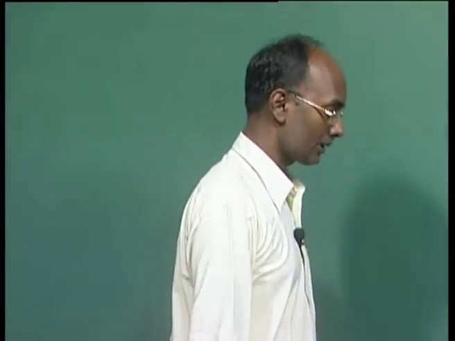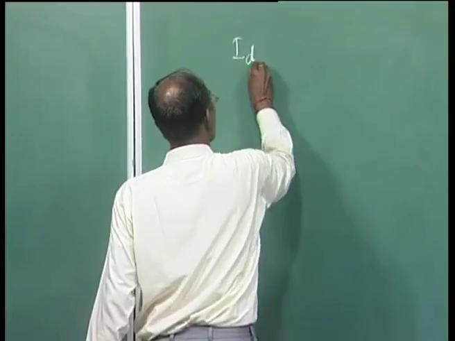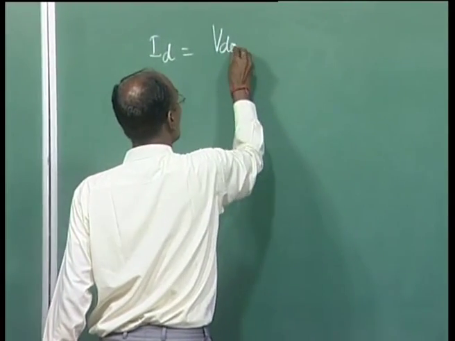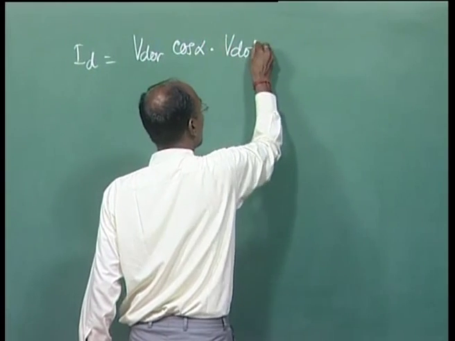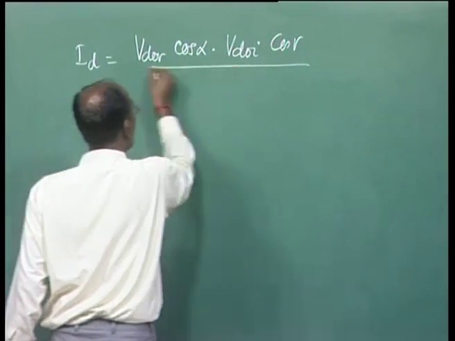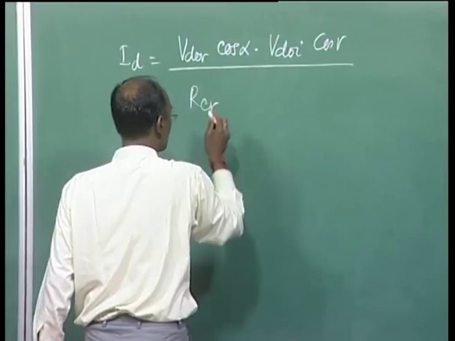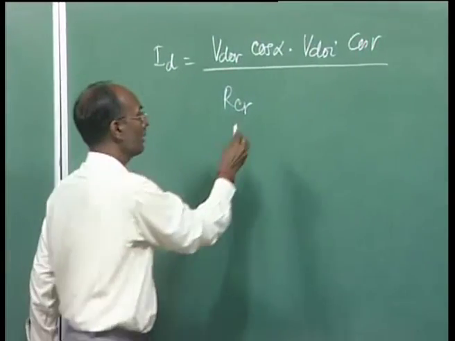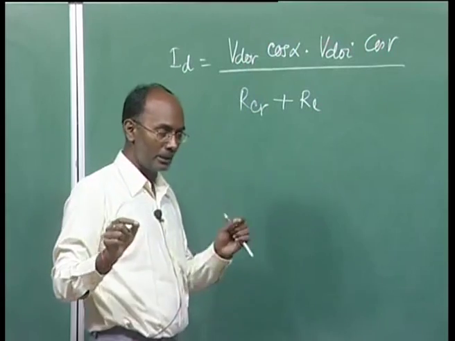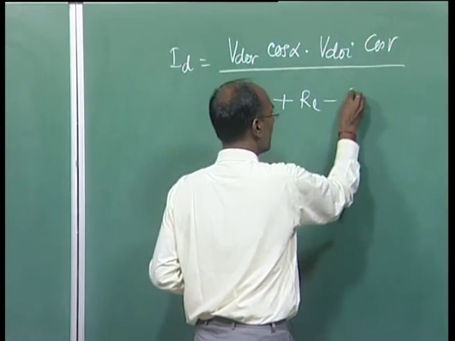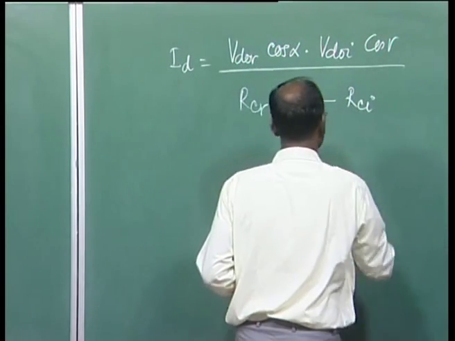I use this expression all the time: ID was defined as VDO R cos alpha minus VDO I cos gamma, divided by RCR, that is the commutation resistance of the rectifier circuit, plus RL, the DC link resistance, and minus RCI.